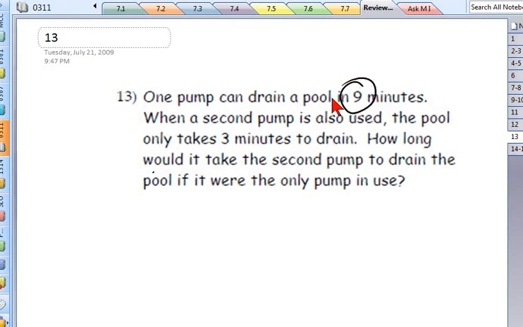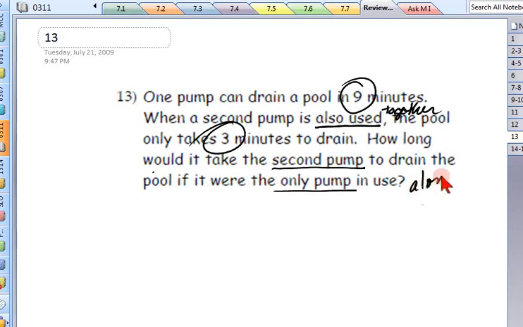When a second pump is also used. Now, what does also used mean? Is it alone or is it together? Together. It takes only 3 minutes. How long would it take the second pump to drain the pool if it were the only pump in use? And that would be alone.